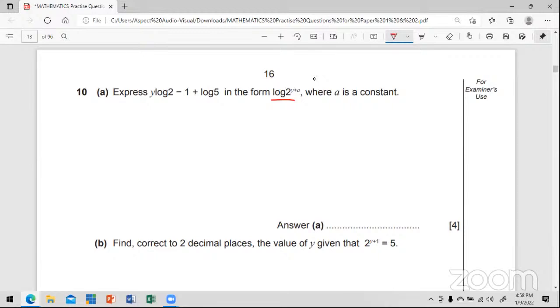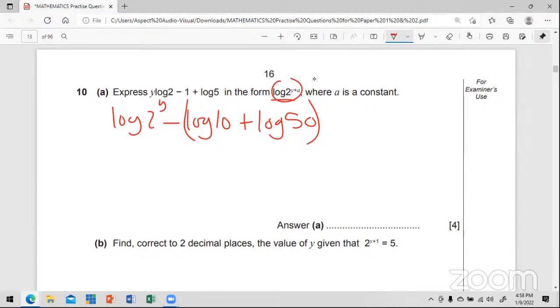Remember, we had log 2y minus log 10 plus log 15. This is a single log. Okay? It's a single log. We are fine. Okay? So this is log 2 to the y minus what?